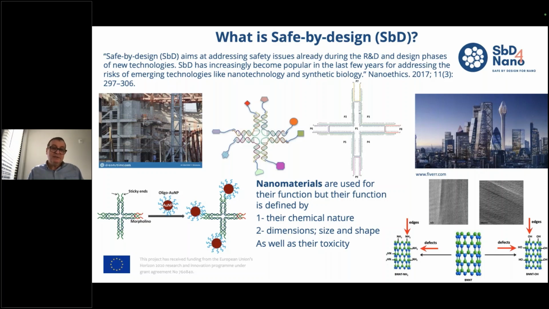It's the same idea here: once we start considering all the functions we are aiming for in the application, we need to start from scratch, from the design stage, to make this material safer, and even after its use in the application. I'm assuming that you know something about nanomaterials, if you are listening to this webinar.